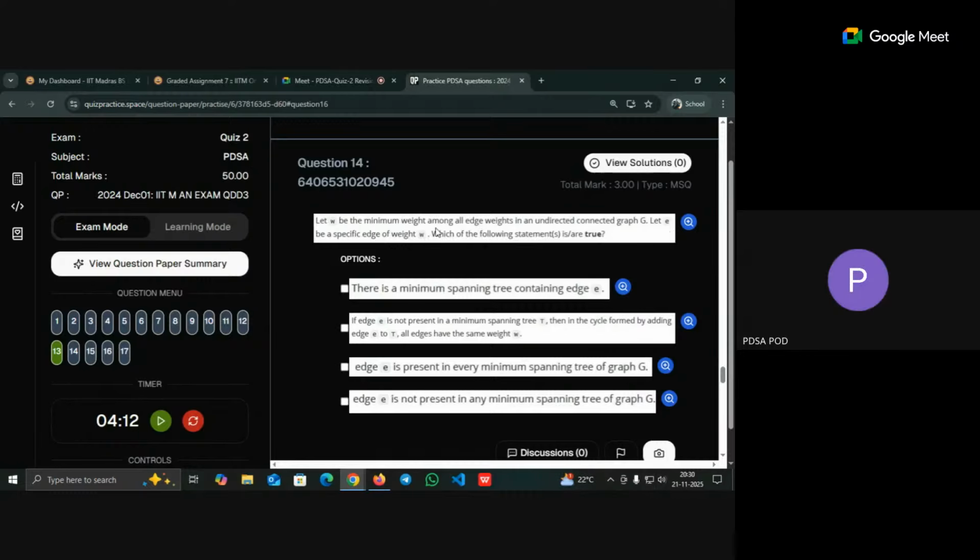When W is the minimum edge weight, there is a minimum spanning tree that should contain W, not E, no?